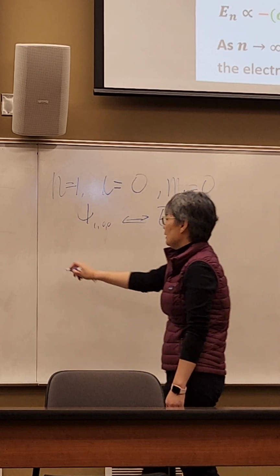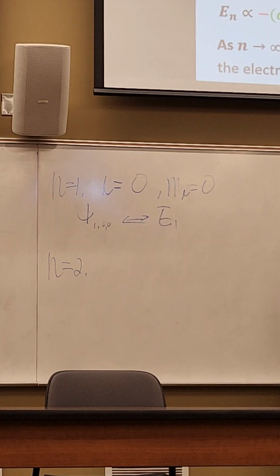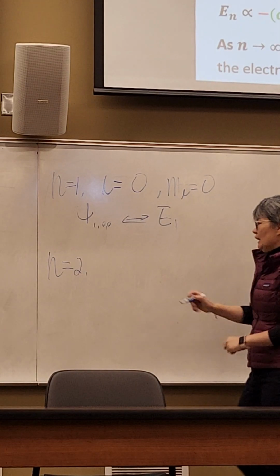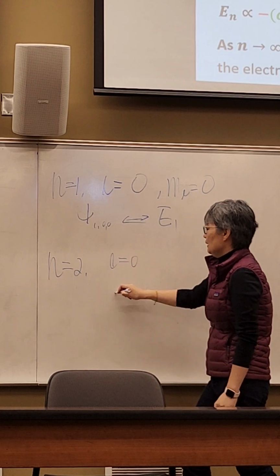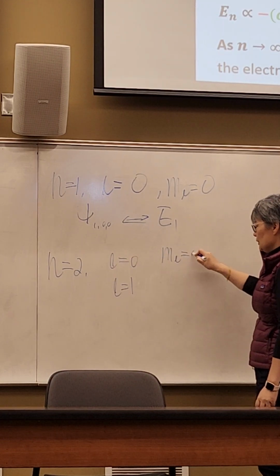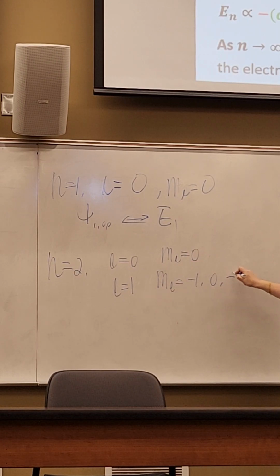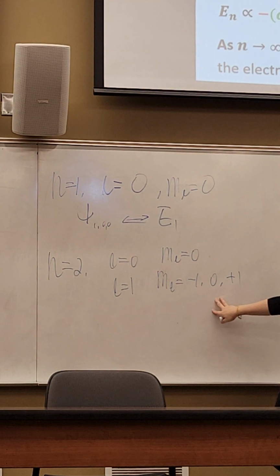Alright, now what if n equals 2? Then L equals 0, L equals 1, then m sub L equals 0, and I'm going slow. You guys agree? How many quantum states here? 3.